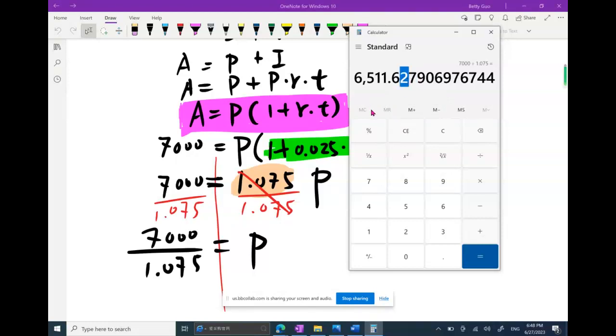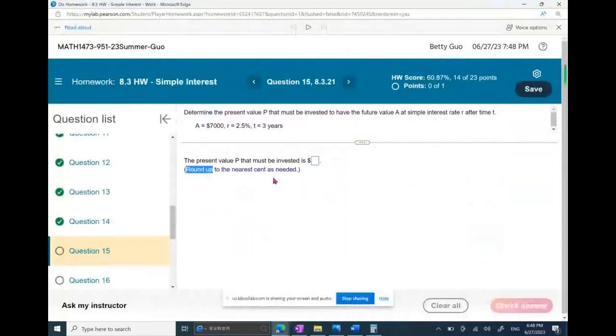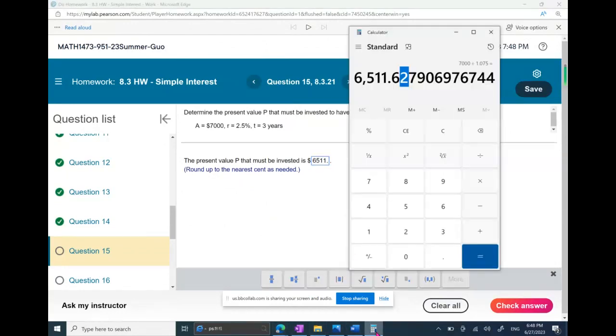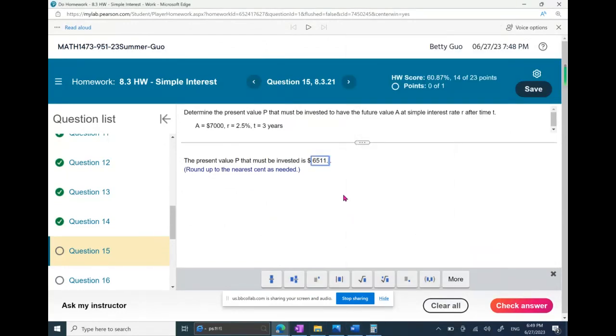So the answer is going to be 6511.63. I forgot already. 63.